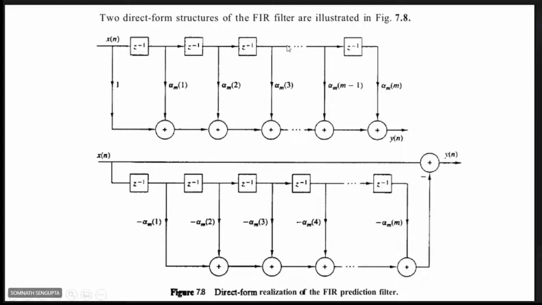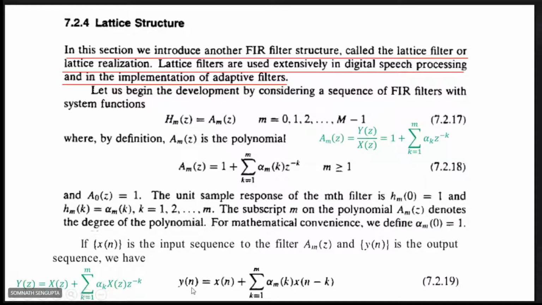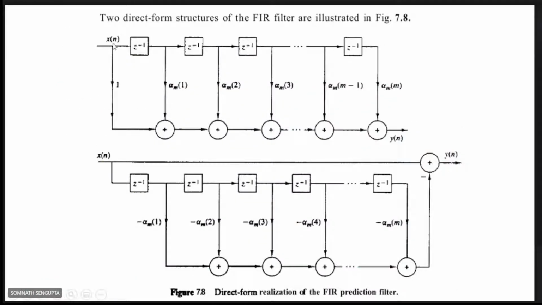So this is the direct form realization. The output is generated with the sum of the present input plus the weighted past inputs. First x of n is passed through one delay element, so it becomes x of n minus 1, multiplied by the coefficient alpha m1 and added to x of n. Then x of n minus 1 is passed to another delay element, becomes x of n minus 2, and is multiplied by the coefficient alpha m2.